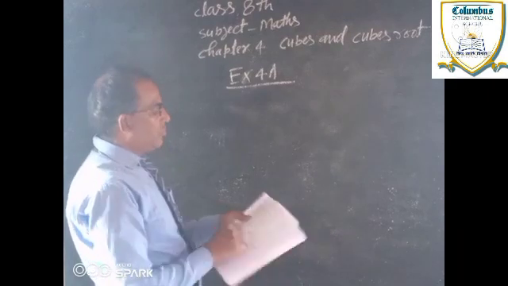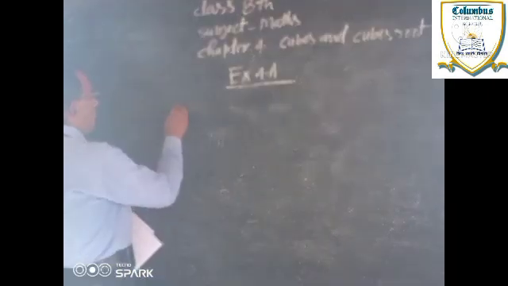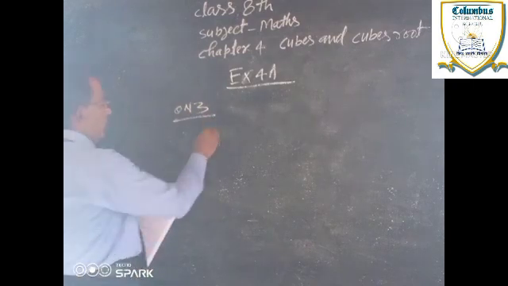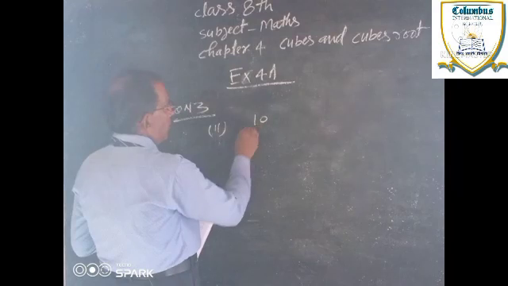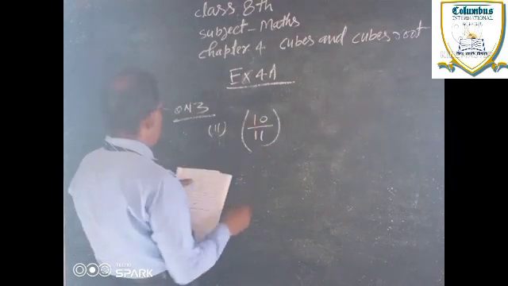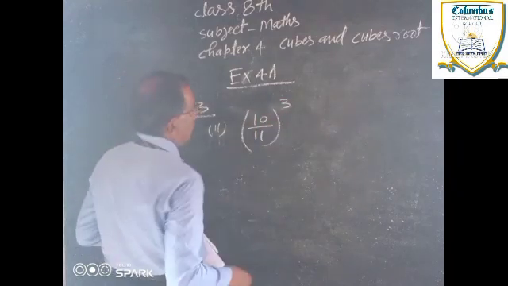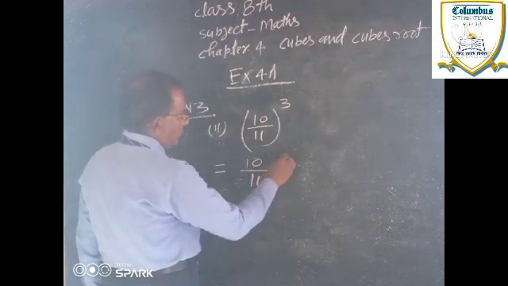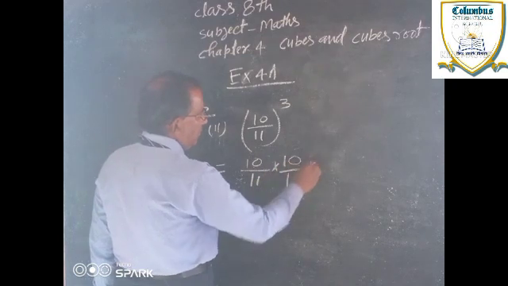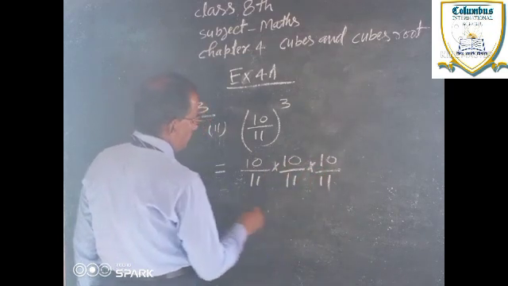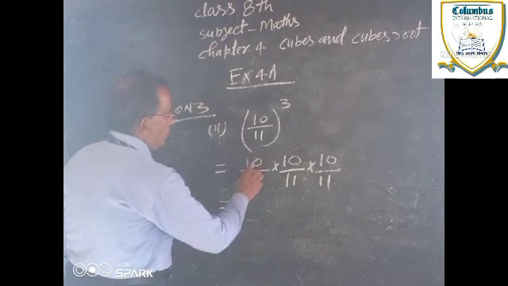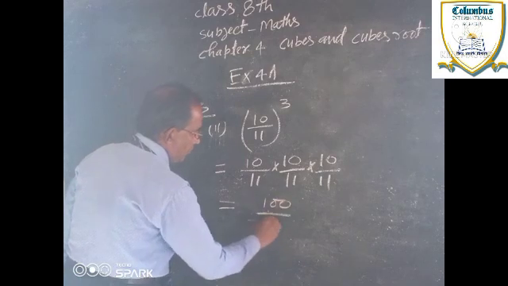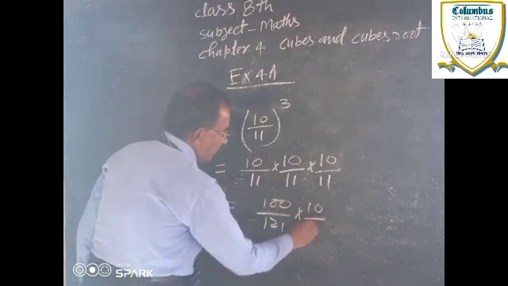Now question number 3. Second question, 10 by 11 is a rational number. We have to find the cube of 10 by 11. It will be multiplied 3 times, that is 10 by 11 into 10 by 11 into 10 by 11. 10 into 10, 100 by 121, into 10 by 11.